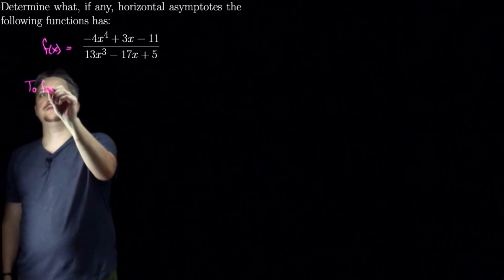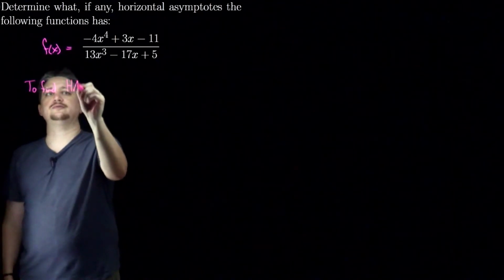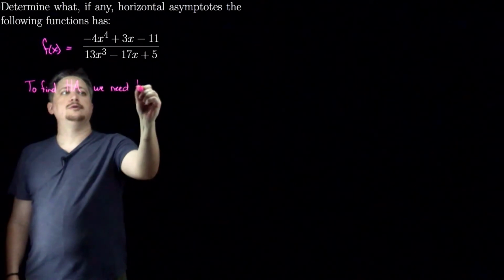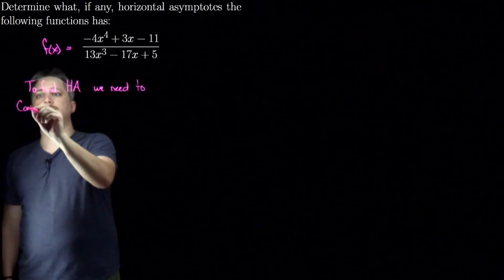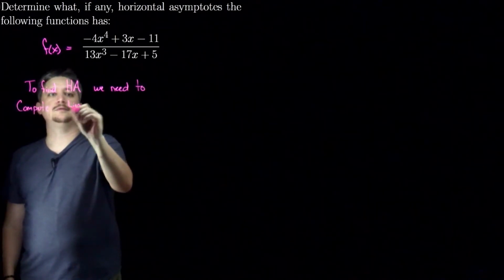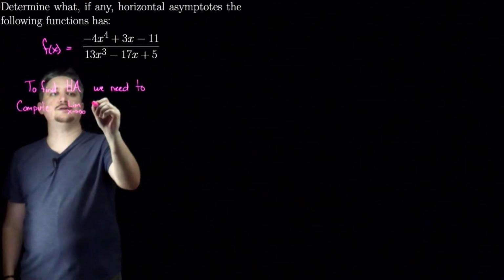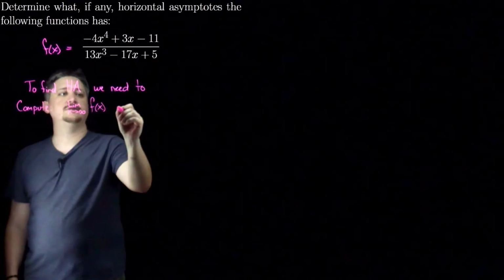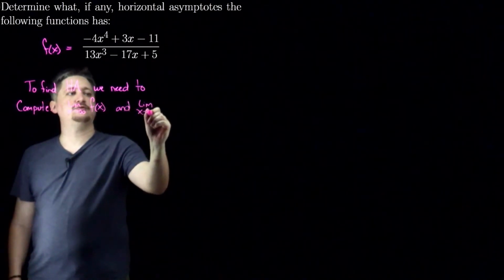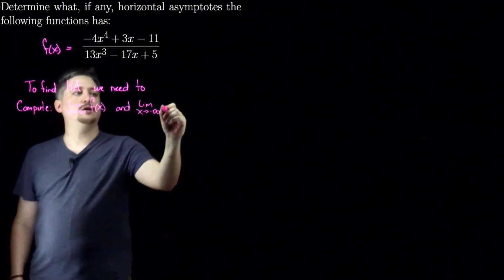So, recall that to find the horizontal asymptotes, we need to compute the limit as x goes to infinity of f of x and the limit as x goes to negative infinity of f of x.